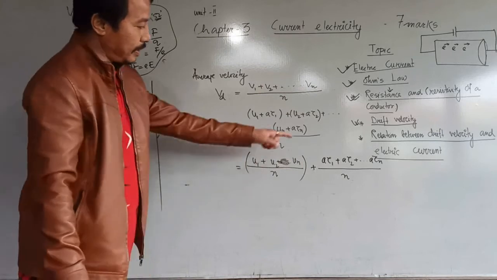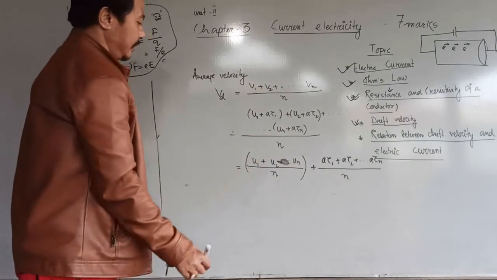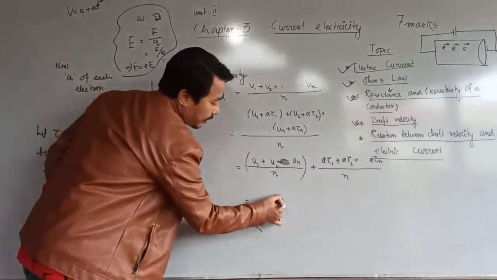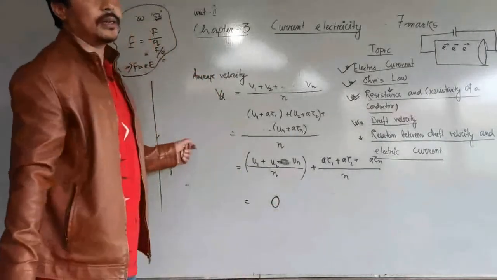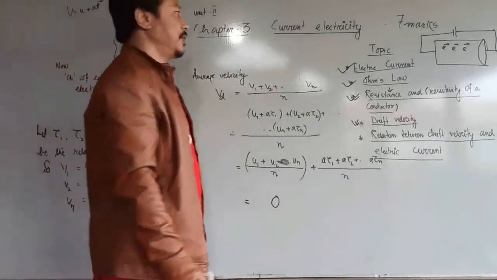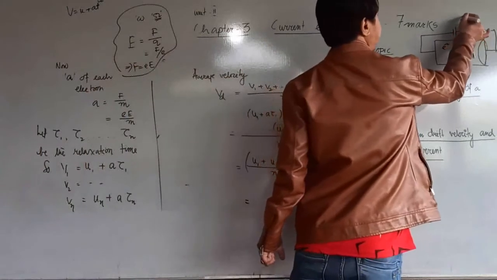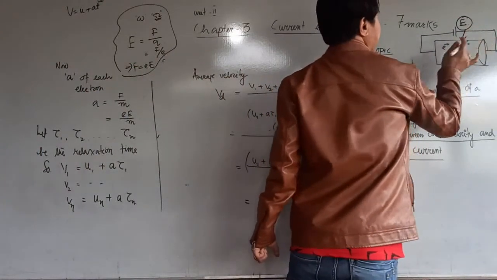In this expression, the first part will be 0. The initial velocity of the electrons, without the application of an external electric field, is random motion.